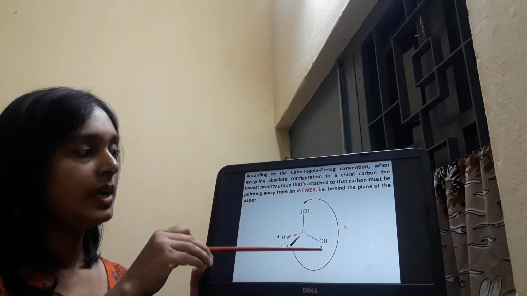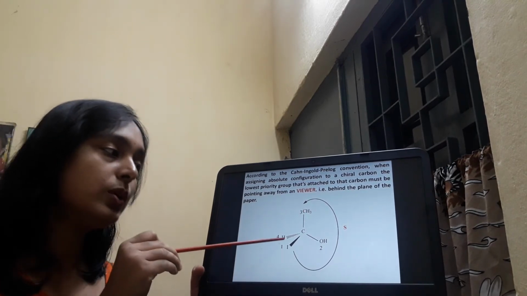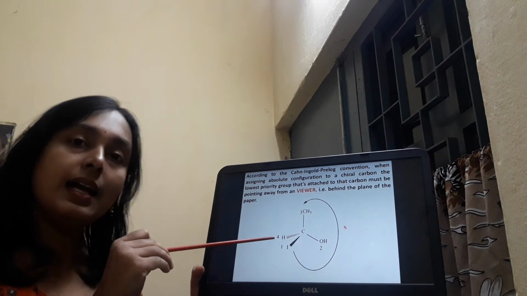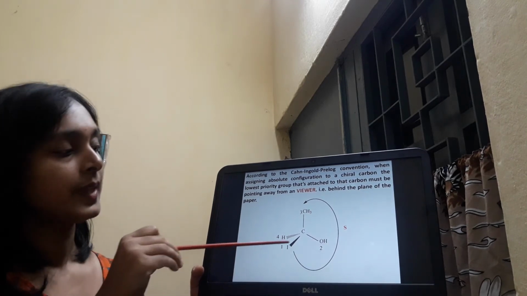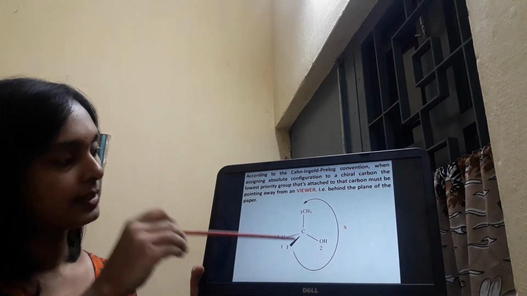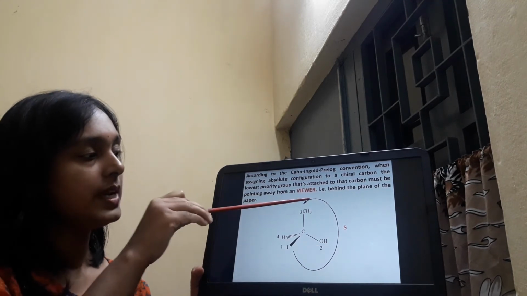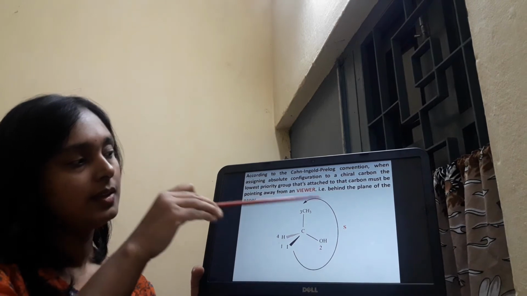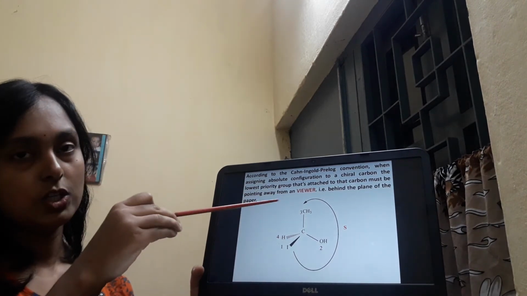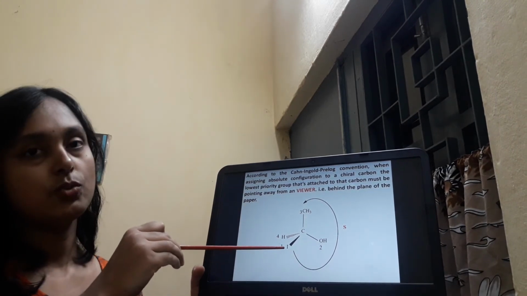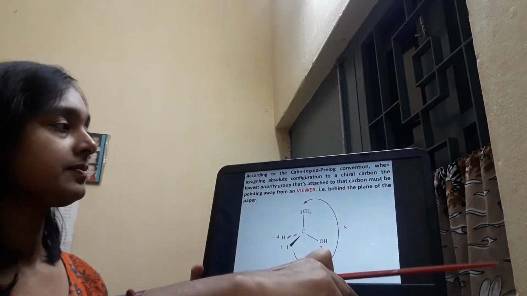Second one will be OH, third one will be methyl and fourth one will be hydrogen, and it is behind the plane. So when we rotate and consider the configuration, it will be 1, 2, 3, an anti-clockwise rotation, and the configuration will be S.